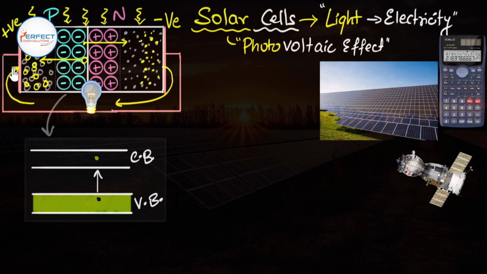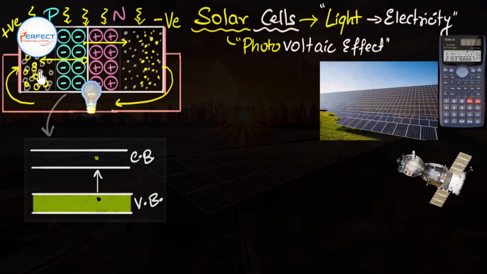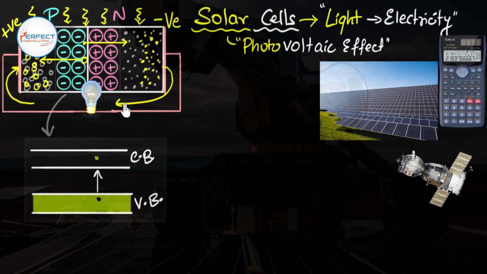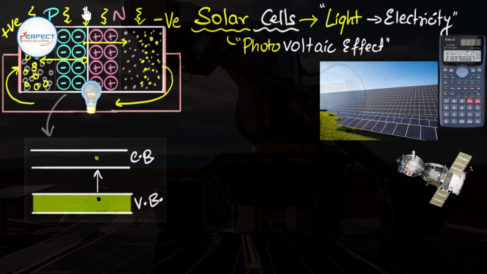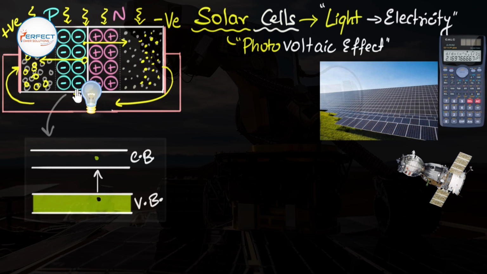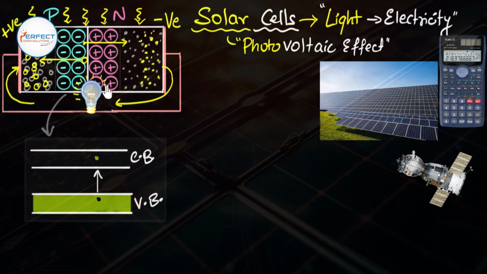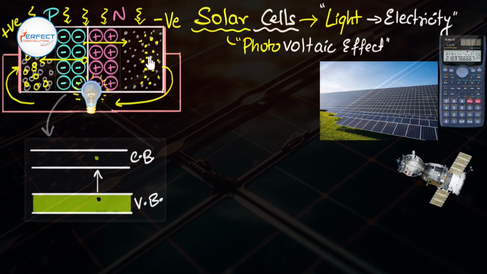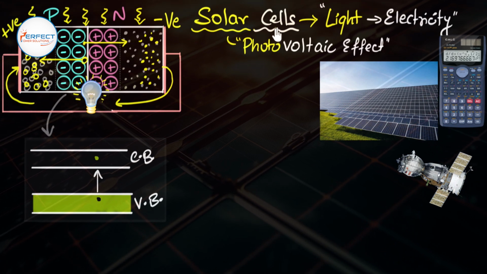So the electrons will continuously recombine with the holes, and as that happens, more electron hole pairs are generated and more electrons and holes get accumulated over here. And so notice there will be a continuous and constant current supplied by this. The bulb will glow, and notice this circuit does not have a battery.